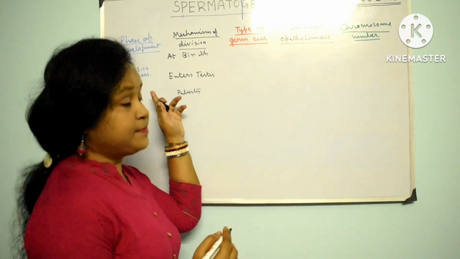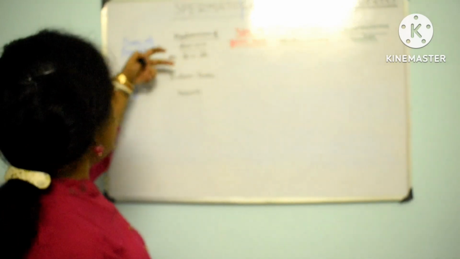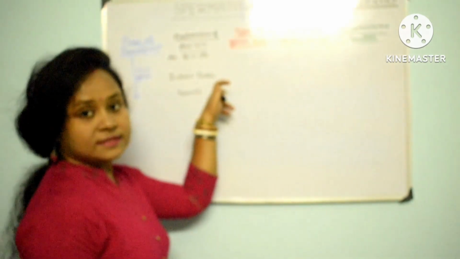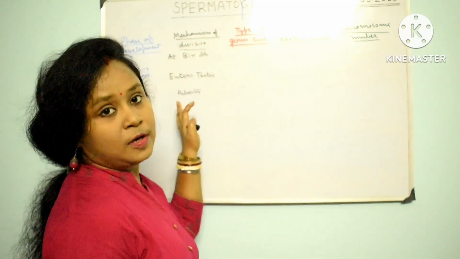Up to 12 to 14 years, we can divide this mechanism into three phases: at the time of birth, what is the situation; when it entered the testis, what was the situation; and at the time of puberty, what change will occur?